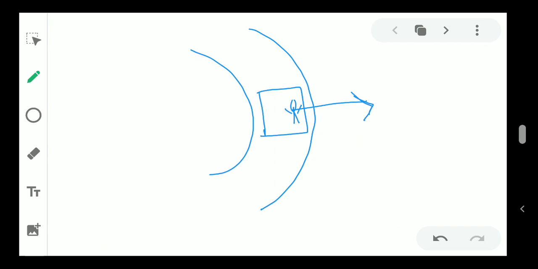But in your case, the bus is rotating, but you are not held by anything. So because of your inertia, your body wants to go in the outward direction, because the centrifugal force is acting on you and nobody is there to stop you, to hold you, right?